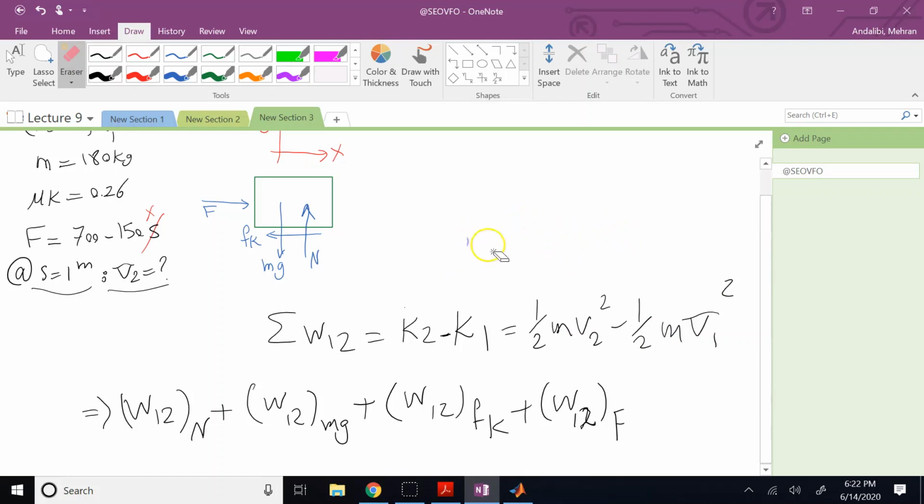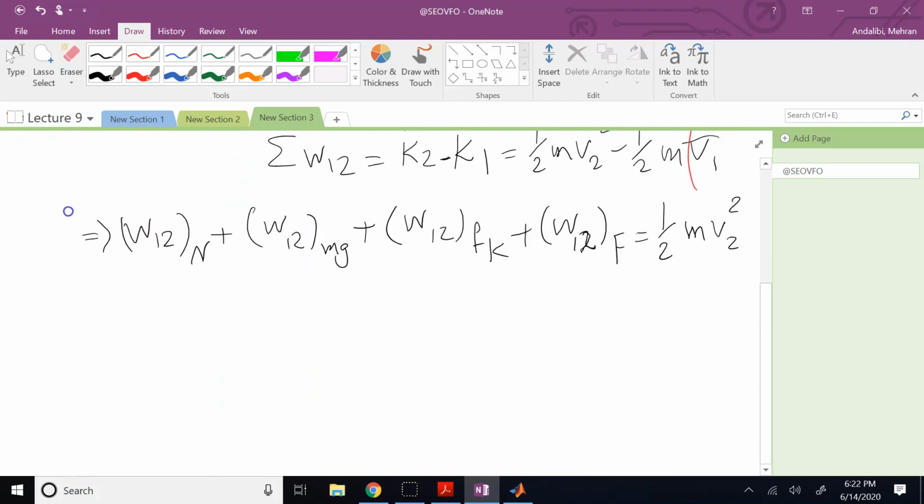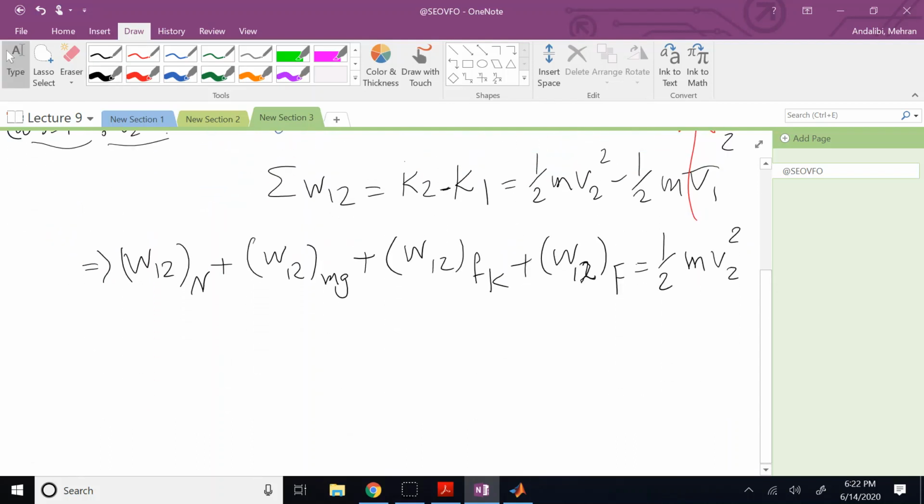Yes, the problem says you start at rest, so this term is 0, so all you have on the right hand side is 1/2 mv2 squared. Okay? Now, of course, this v2 is the unknown of the problem. Good. Next is to calculate the work done by these individual forces.